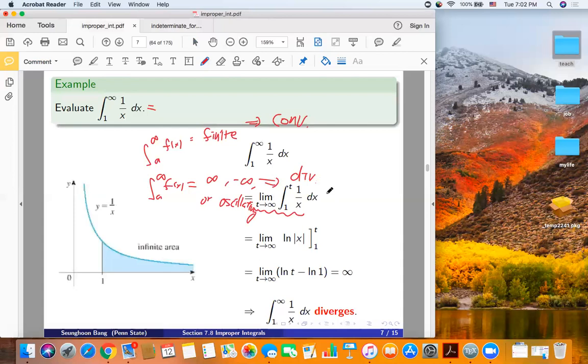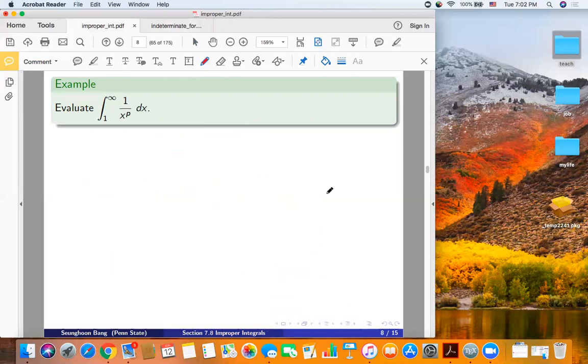If the improper integral is a finite number, it is convergent. If it is infinity minus infinity or oscillating, it is divergent. Does it make sense? Okay, good. The next one.